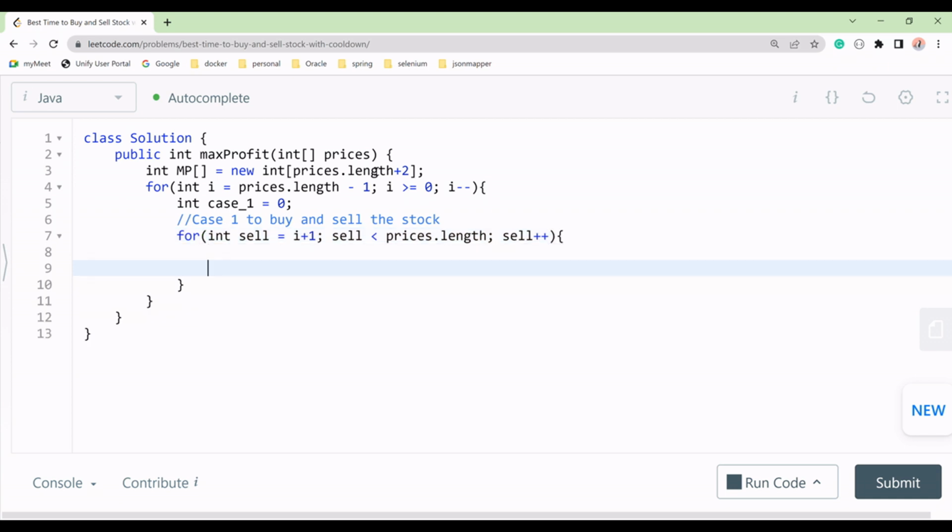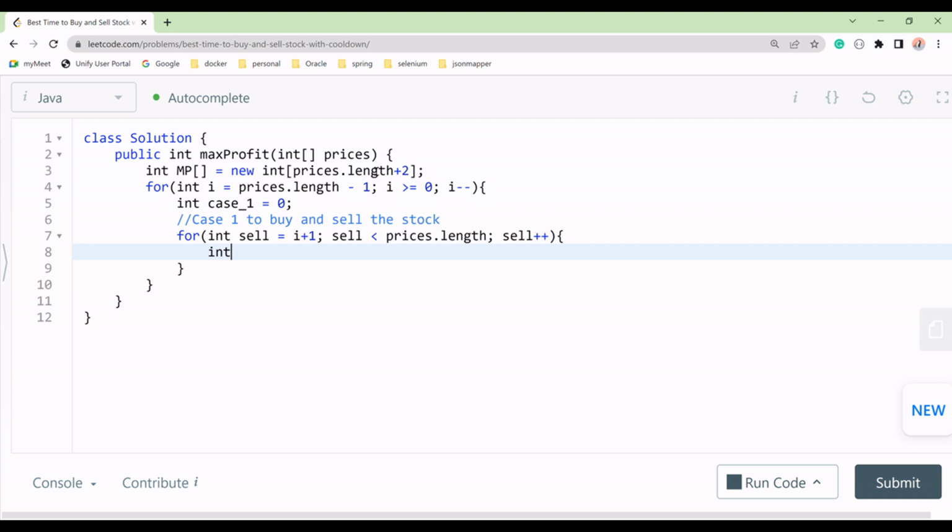Now we have to find out the profit, that we used to talk about, right? We'll take an integer profit, okay?